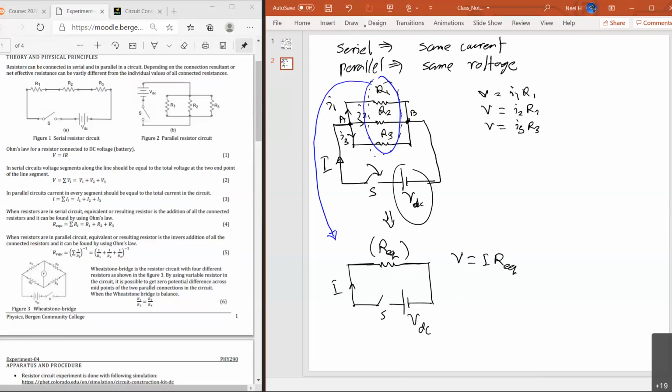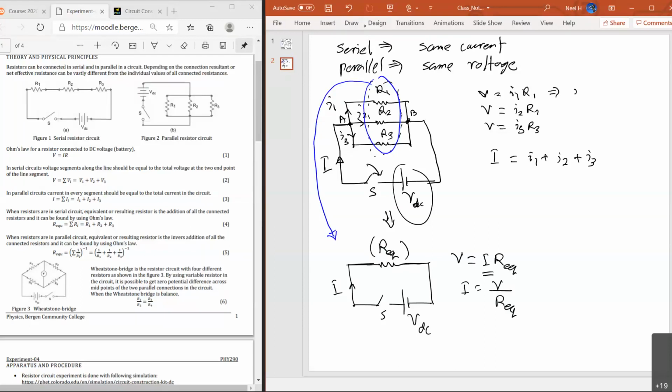Now this I right here, you can see dividing into three sections, which means the large I is equal to I1 plus I2 plus I3. Now you connect all of these equations, right? Which means the large I is equal to the given voltage divided by R equivalent.